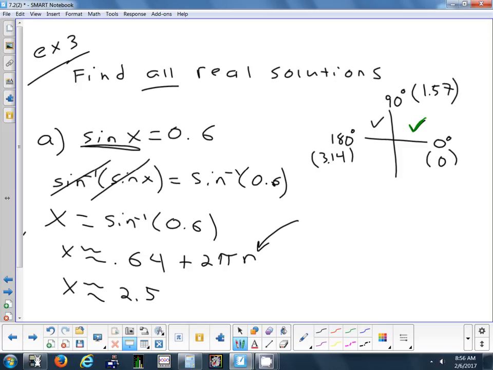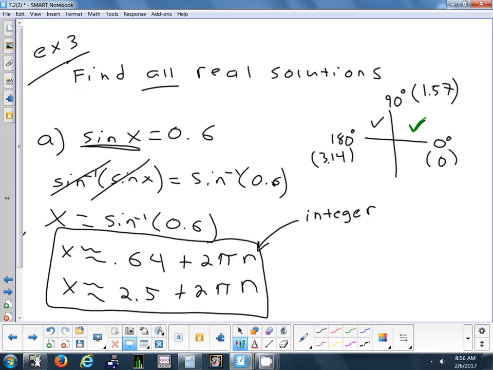It can be an integer. Okay, it could be -3, and that would be -6 pi, so that would subtract 3 periods. All right, so as long as n is an integer, you can add or subtract any multiple of 2 pi. Right? And we have to do the same thing here. So these are the answers in general. Okay, any questions on that?